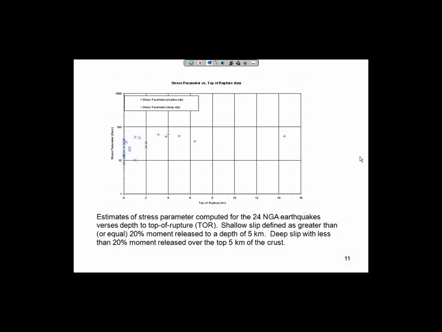They ended up with what looks like a log normal distribution of stress drops, and it's a very wide range, but they saw nothing systematic with depth. I don't know whether or not it's relevant, but it's a very large data set, 874 earthquakes, and even if you break it down, they have certainly as many earthquakes in some of these areas as we're talking about here, which is about 24.